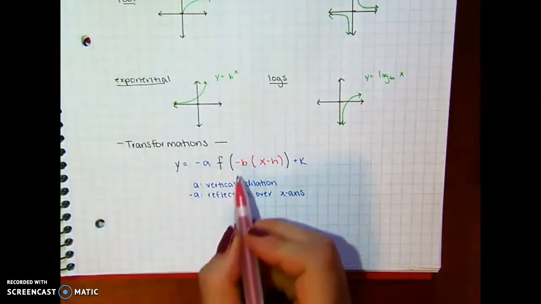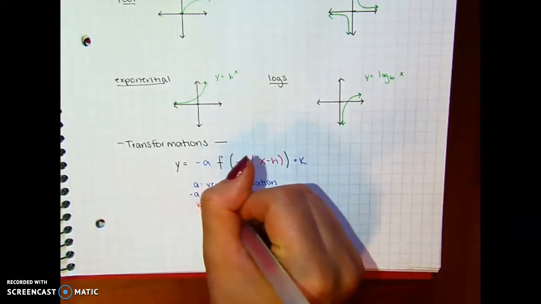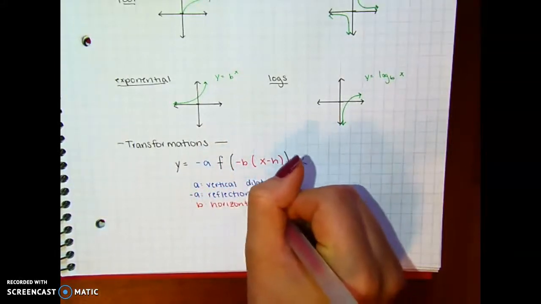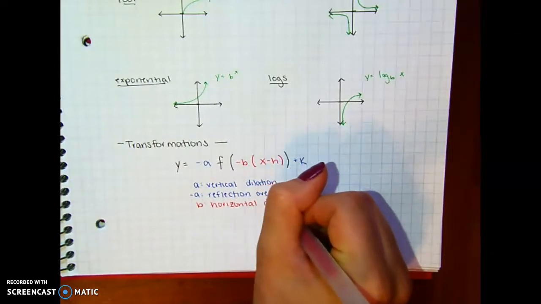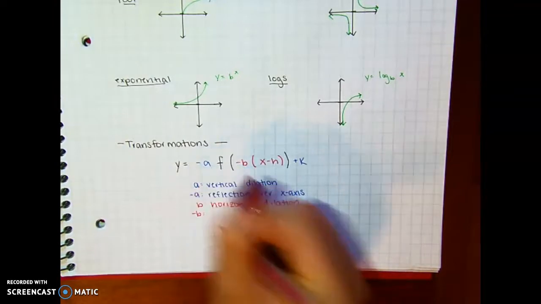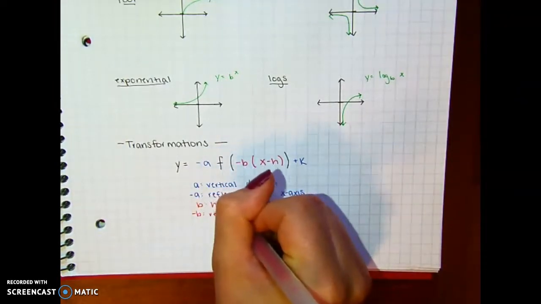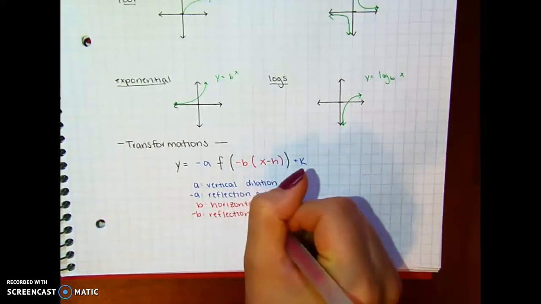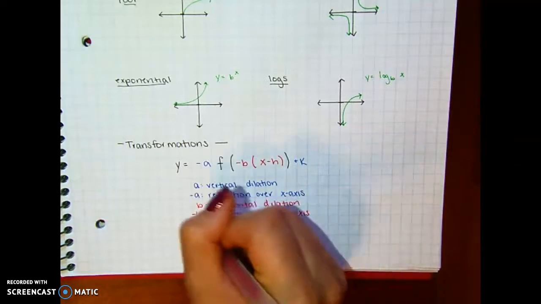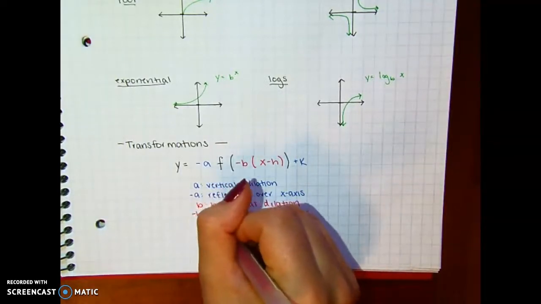Moving on to the inside, b is a horizontal dilation, but I'll talk about that later, I guess. If it's negative, it's a reflection over the y-axis. h is a horizontal translation.